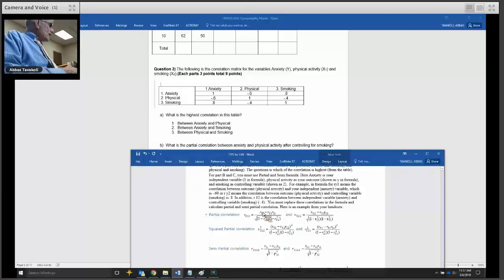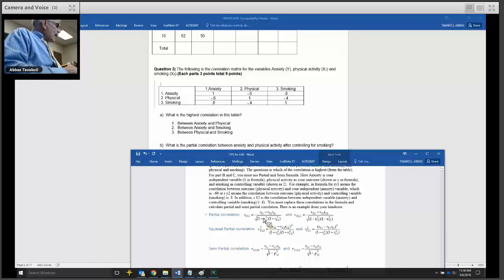For the partial, you put the correlation between anxiety and physical activity, which is negative 0.6. You put that term here, minus the correlation between anxiety and smoking, which is 0.8, in parentheses, times the correlation between physical activity and smoking, which is negative 0.4.